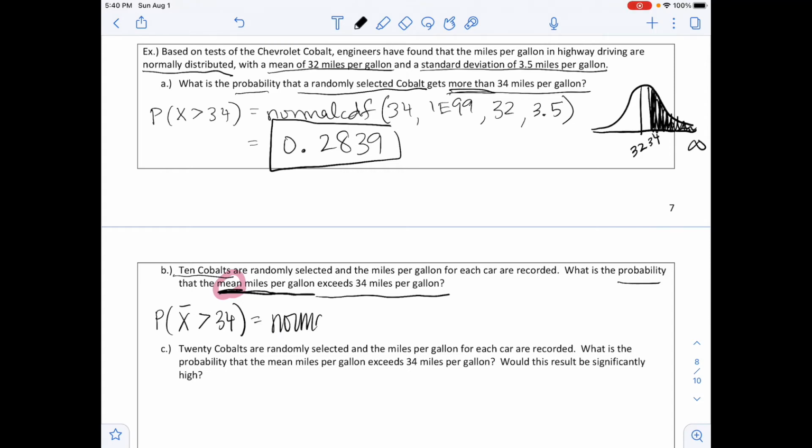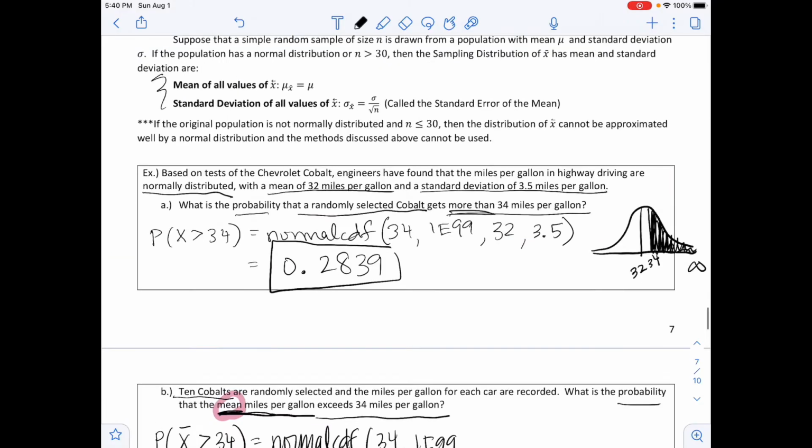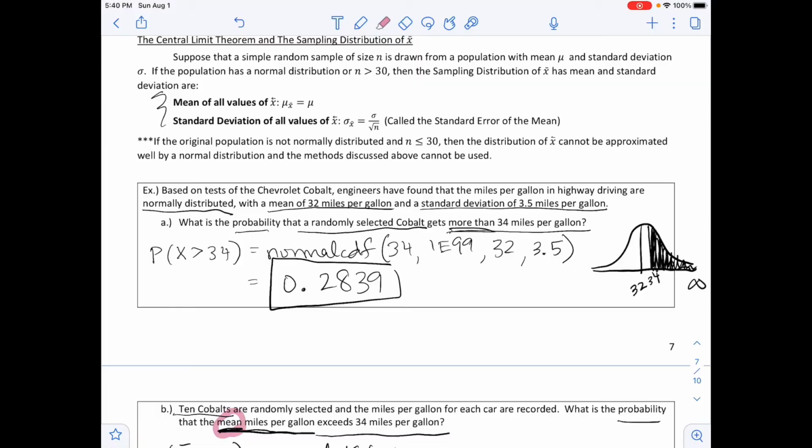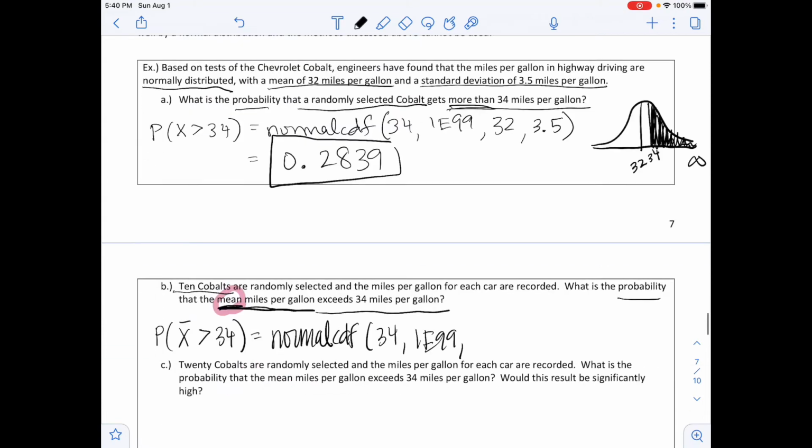Our normal CDF, it's still 34 going on to infinity, which is 1E99. However, we need to use the mean and the standard deviation that we have listed up above. And so the mean is just mu, but our standard deviation is going to be equal to sigma divided by the square root of n.